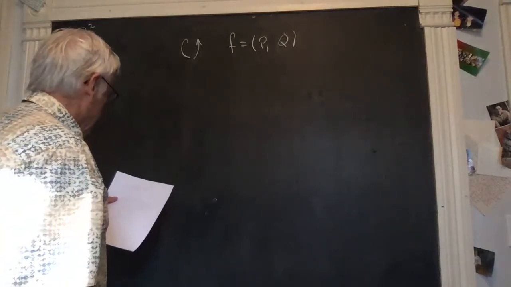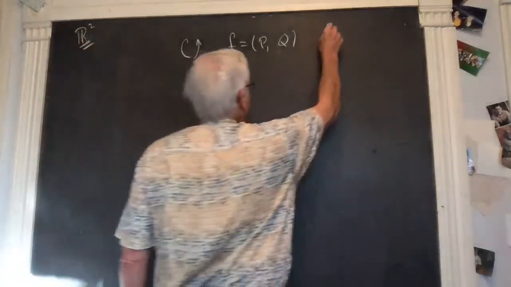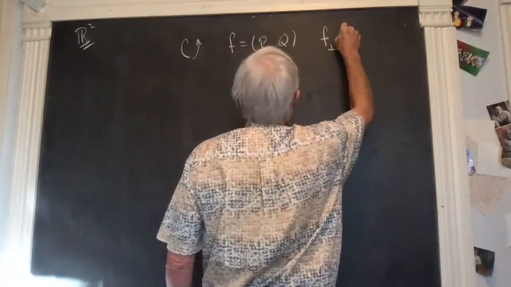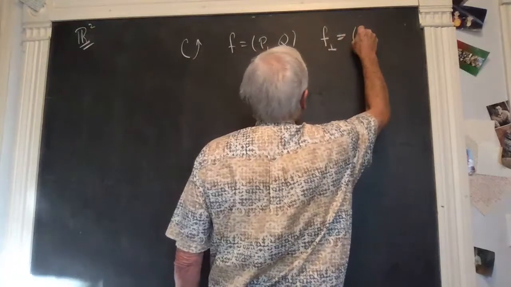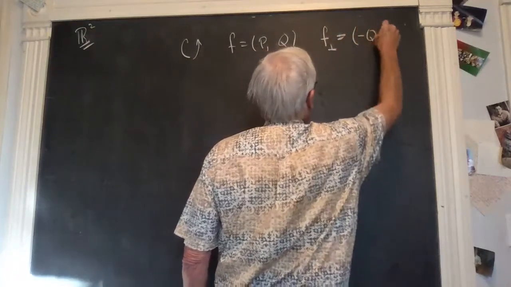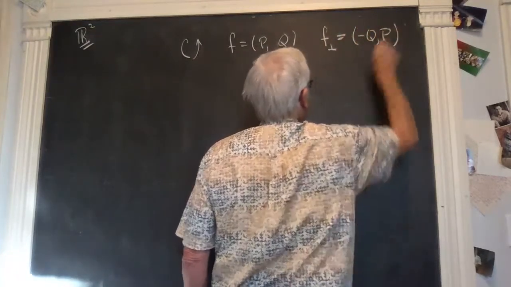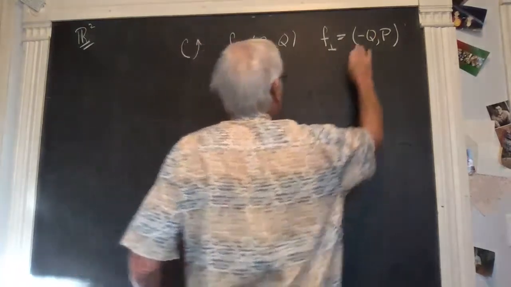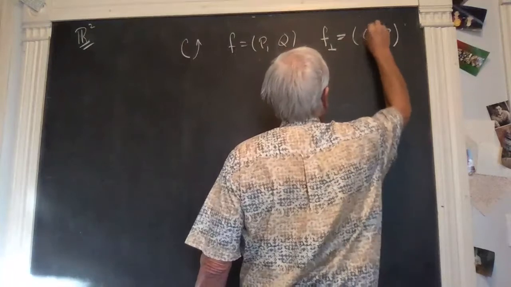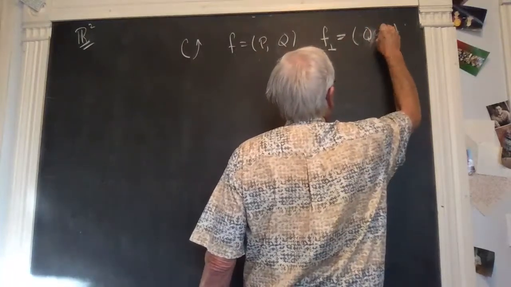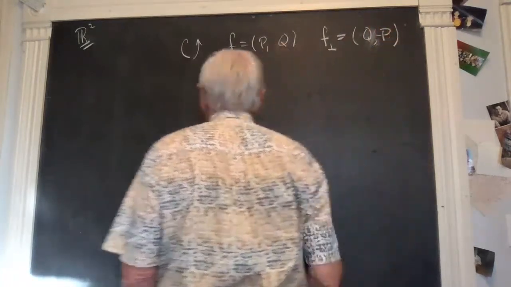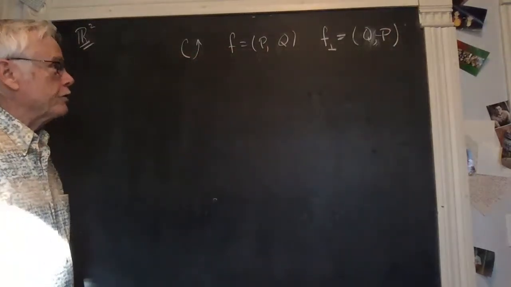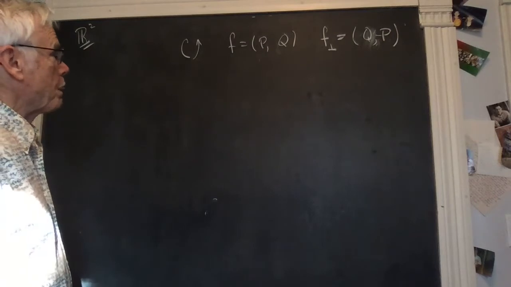And then F perp is equal to (minus Q, P). So that's (-Q, P). There's an alternative here. You can use either one, but this is the left-hand rule that we talked about.